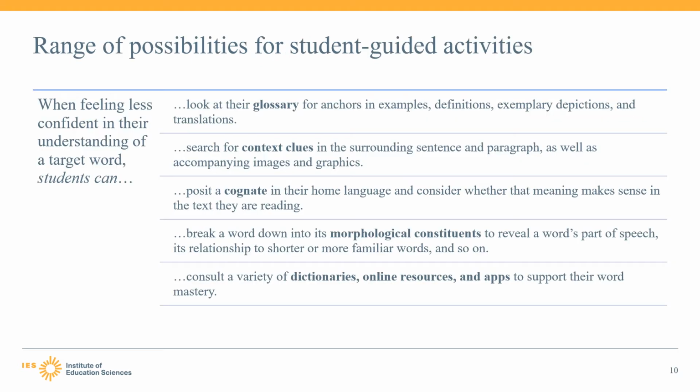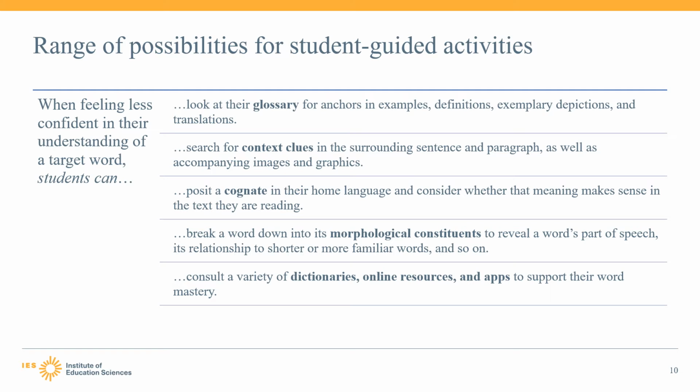There really is a wide range of possibilities for student-guided activities that help them learn words. When they're feeling less confident in their understanding of a word, students can do things like look at their glossary for different kinds of anchors and examples and definitions and depictions. They can search for context clues in the surrounding sentence and paragraph, as well as accompanying images and graphics.